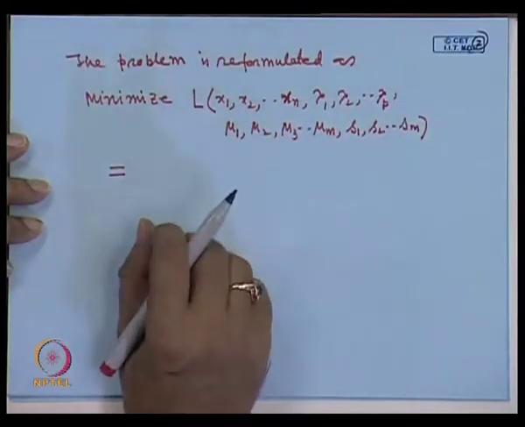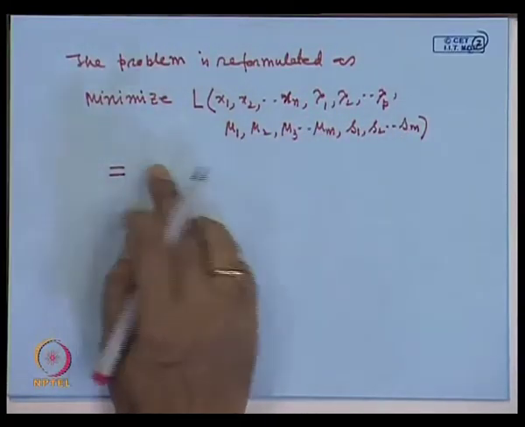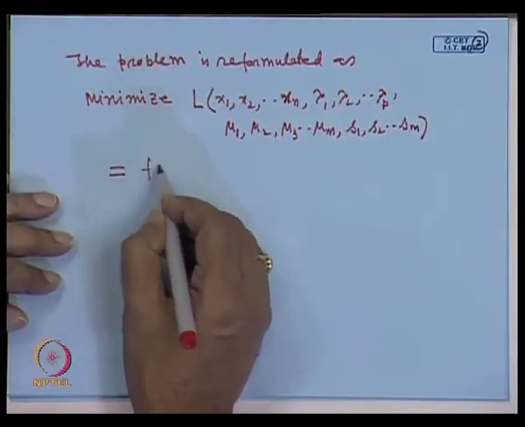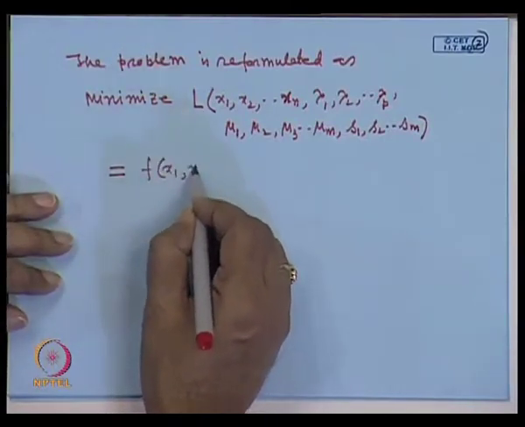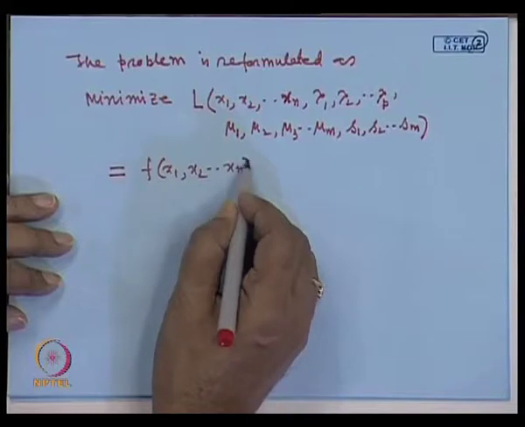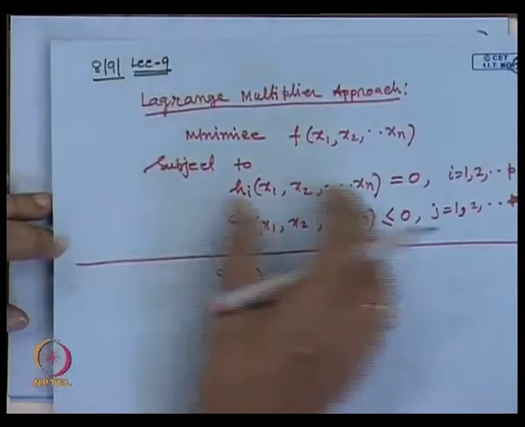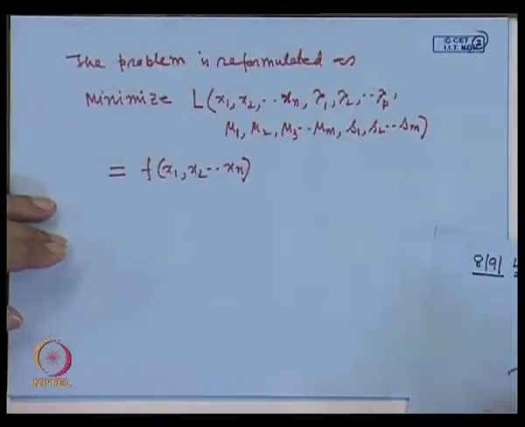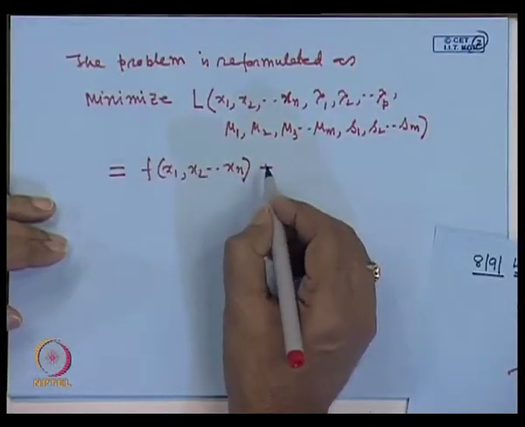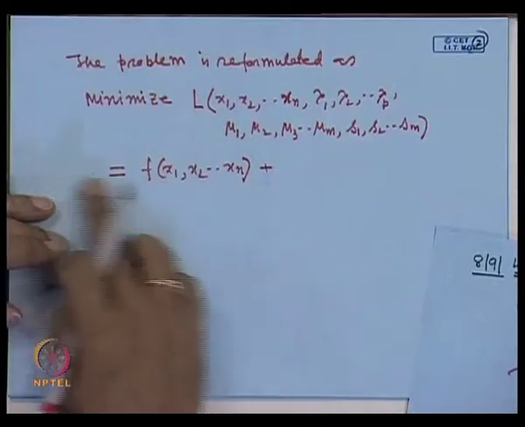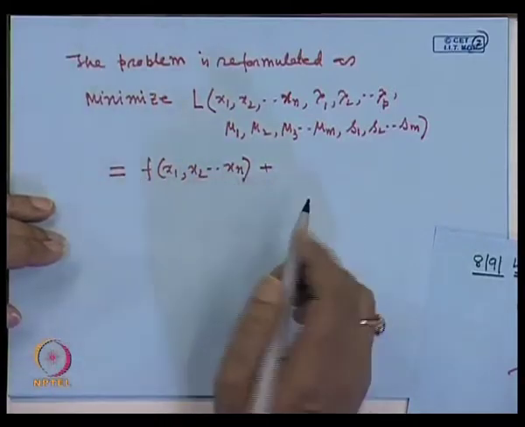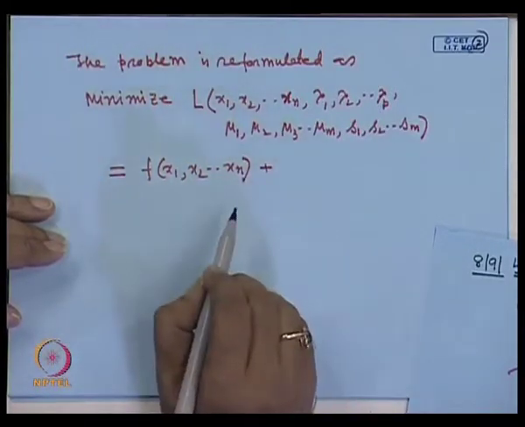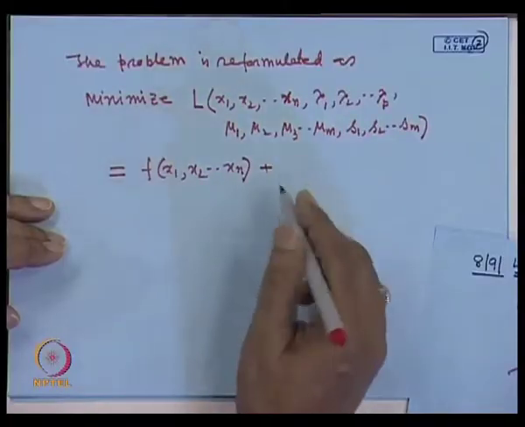This function I will formulate by considering our original cost function or objective function, f of x 1, x 2 dot x n. If I put the constraints here, the objective function value will not change when it reaches the optimum conditions.